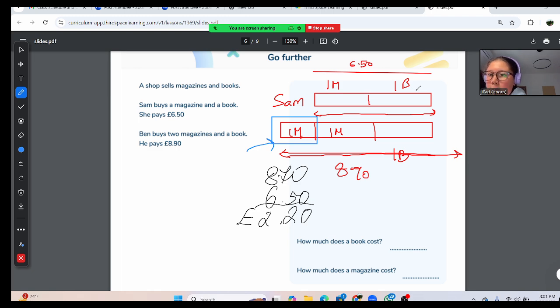See, what is given in case of Sam? Cost of one magazine, cost of one book, their sum. You know the cost of one magazine and you know their sum, the total. Did you understand now? Yes. Okay, very good. 6.50 minus 2.20, exactly.